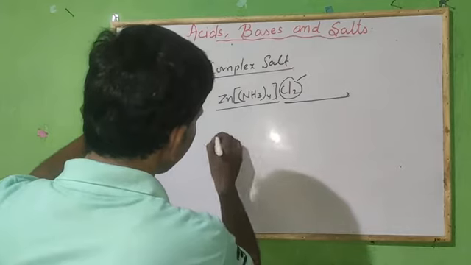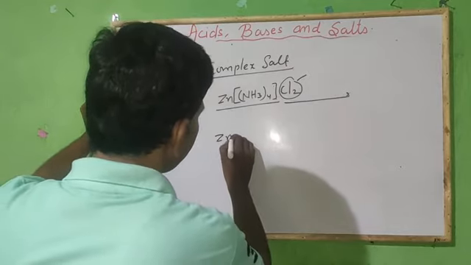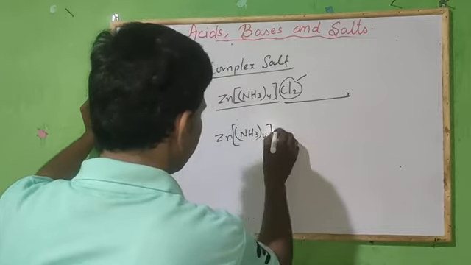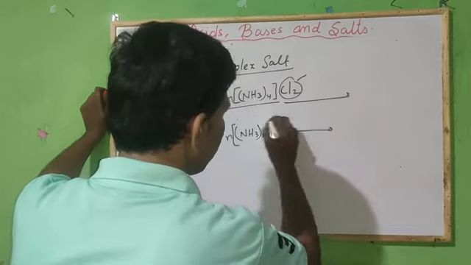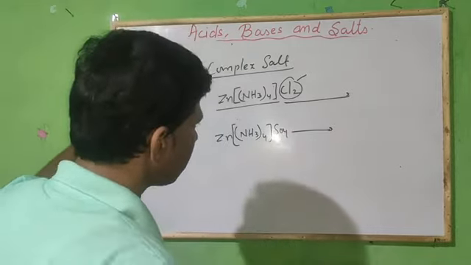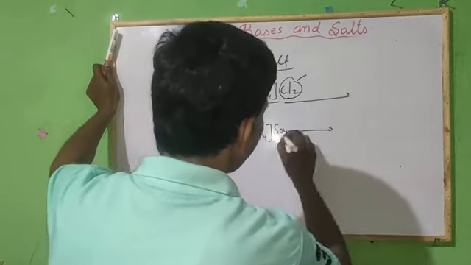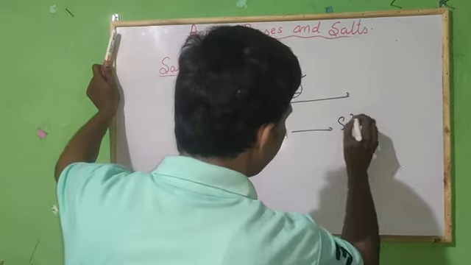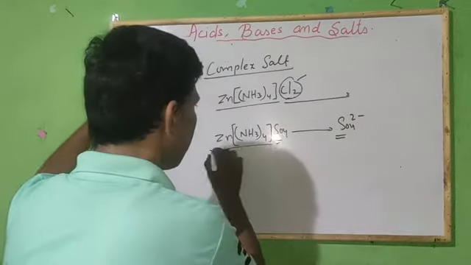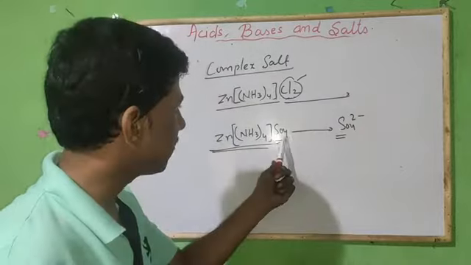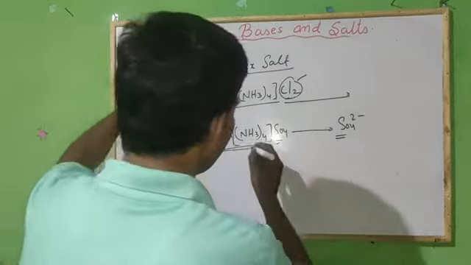Suppose you take one more example, zinc ammine sulfate. When you keep it in aqueous solution, it will ionize in this way. First this part, and second this part, that will form SO4 2 minus sulfate ion. This part is called the non-ionizable part, and this part is called the ionizable part.